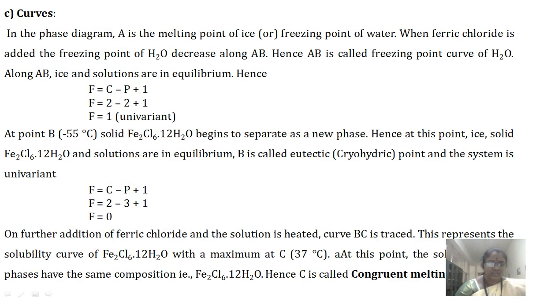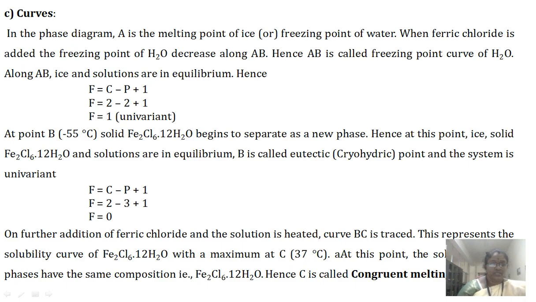And then if we discuss the curves in the above figure, in the phase diagram, A is the melting point of ice or freezing point of water, and when ferric chloride is added, the freezing point of water decreases along AB. Hence AB is called the freezing point curve of water. Along AB, ice and solution are in equilibrium, hence it is univariant.